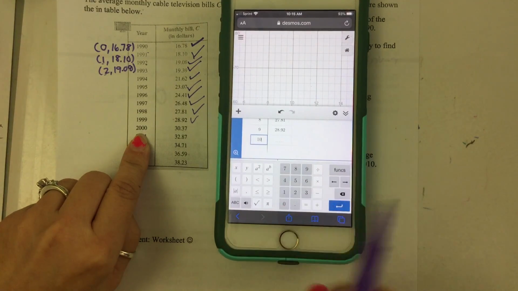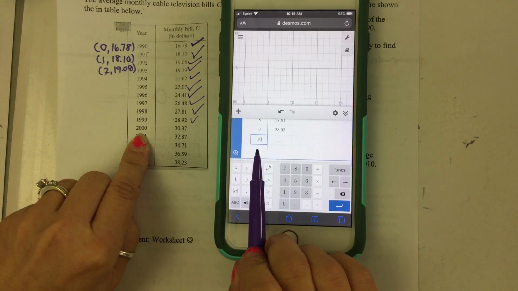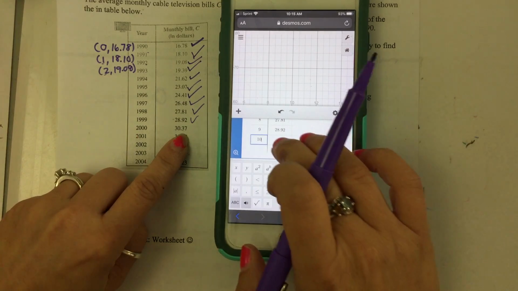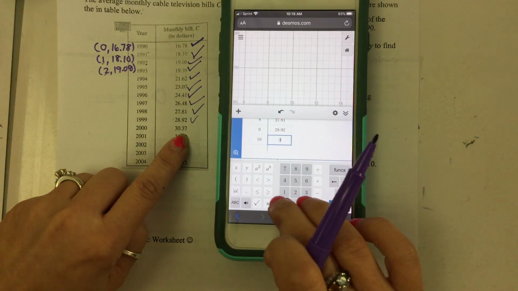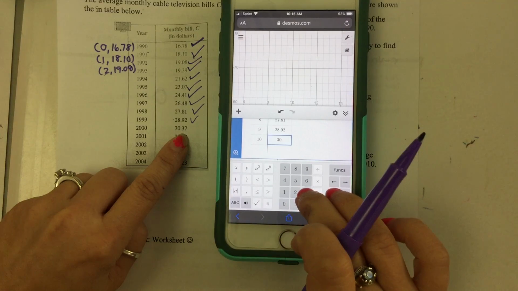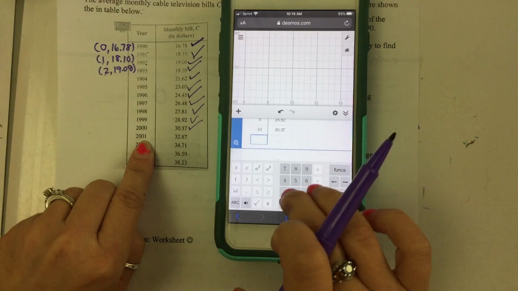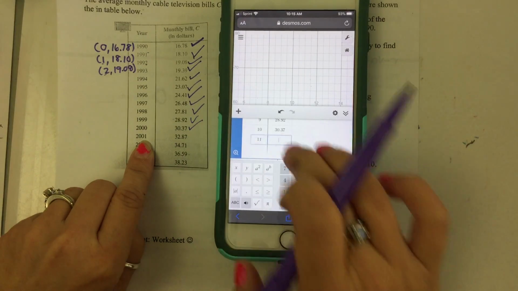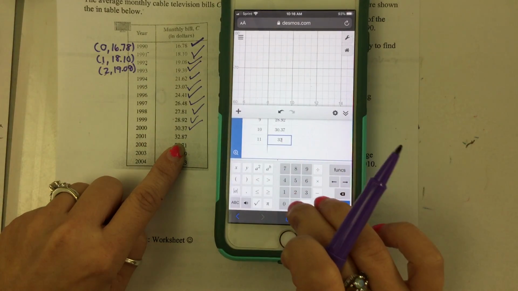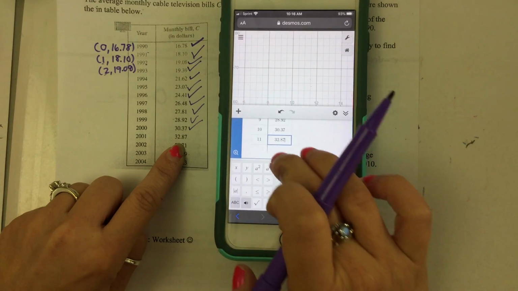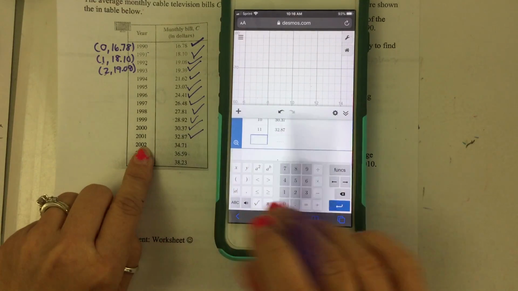When you get to 2000, that's 10 years after 1990, so you would have a 10 for your X value. Notice these bills. As I'm entering the numbers, I notice that the bills go up a little bit more every year. 2001 is 11 years after 1990. I have 32.87. Go ahead and cross that off.